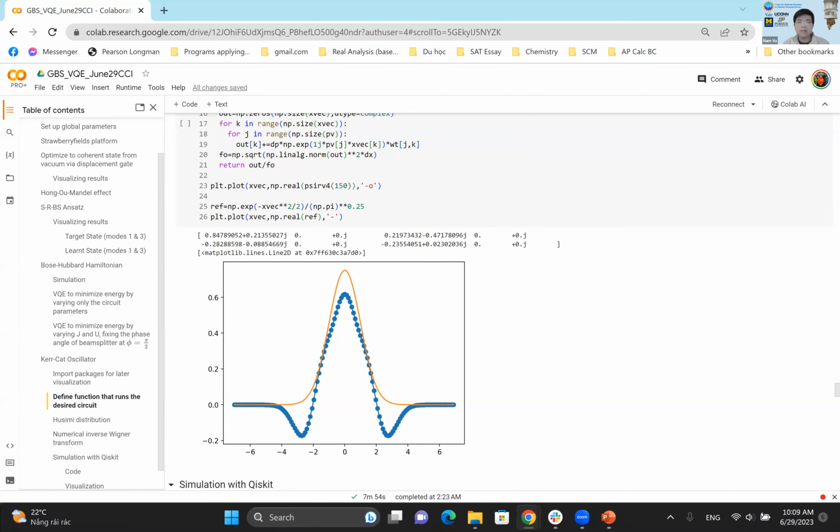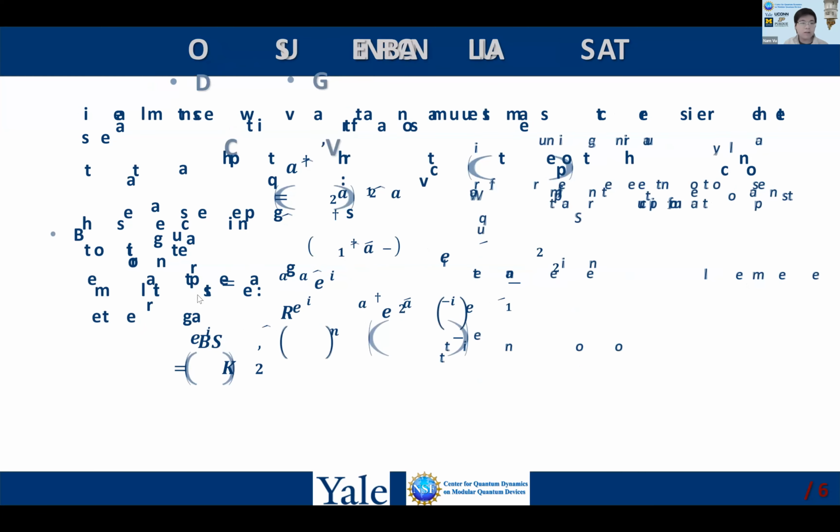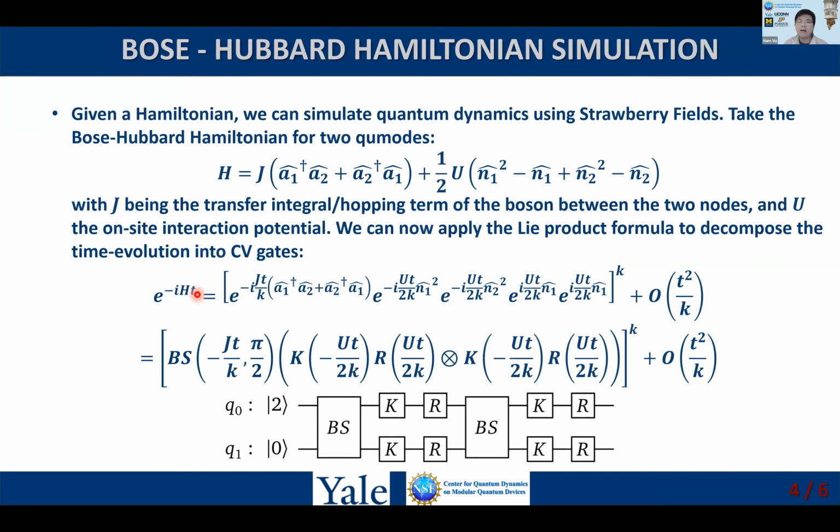Now let's jump onto a slightly different Hamiltonian that I also want to show you. Again, just to reiterate, when we want to run quantum dynamics for a system given by its Hamiltonian, the first step would be to write the Hamiltonian in terms of the creation and annihilation operators, or in second quantization.